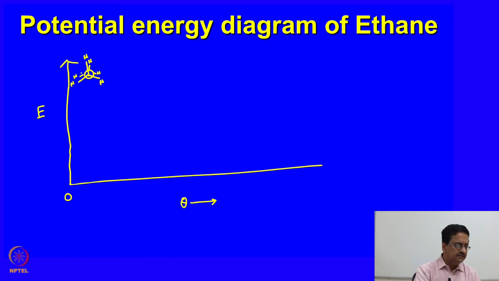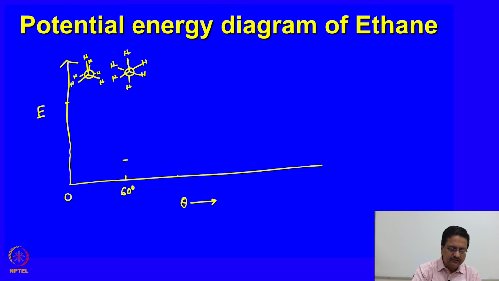So, it has altogether 12 kilocalories per mole energy higher than the gauche conformation, which is at 60 degrees and appears here. So, the gauche conformation would look like this. The energy would be somewhere here.